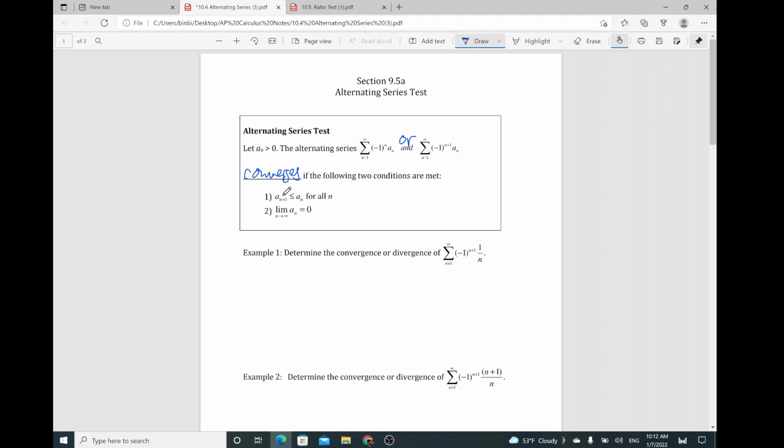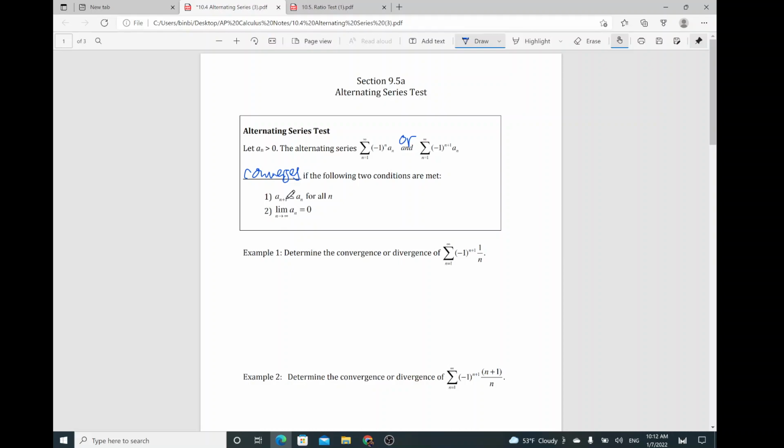One condition is that a sub n plus 1 is less than or equal to a sub n for all values of n, where n is a natural number. The other condition is that the limit of a sub n as n approaches infinity is 0. It doesn't matter which condition you verify first, as long as we satisfy both conditions. That means the alternating series converges.